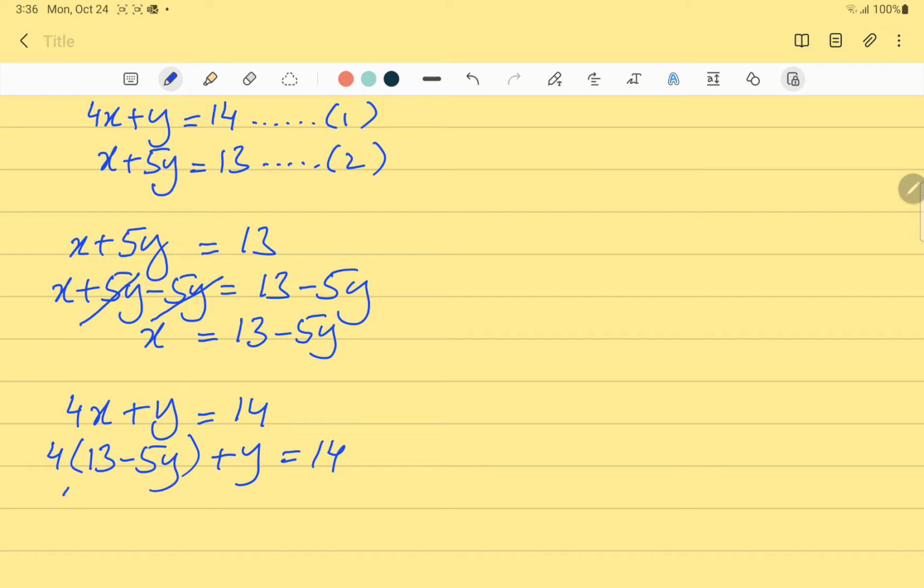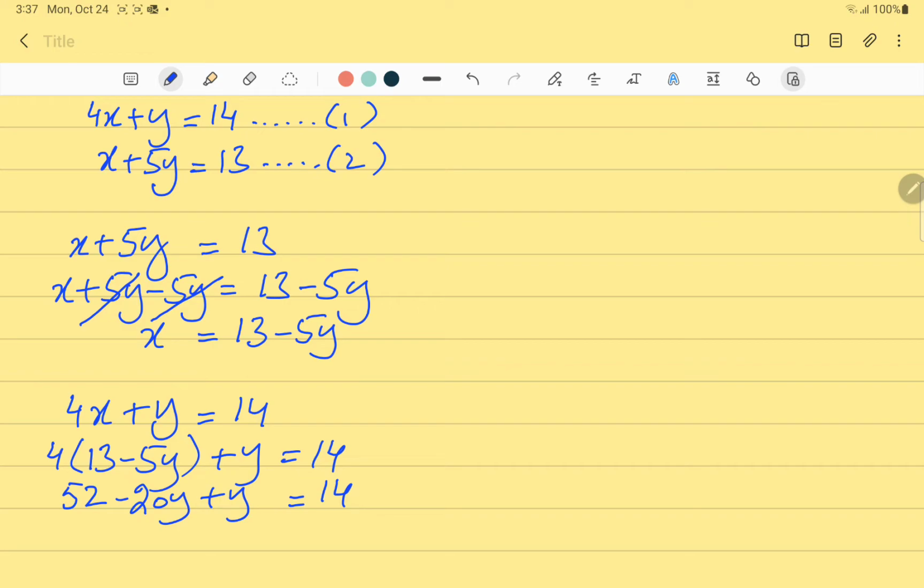4 into 13 is 52. 4 into minus 5 is minus 20y, plus y is equal to 14.